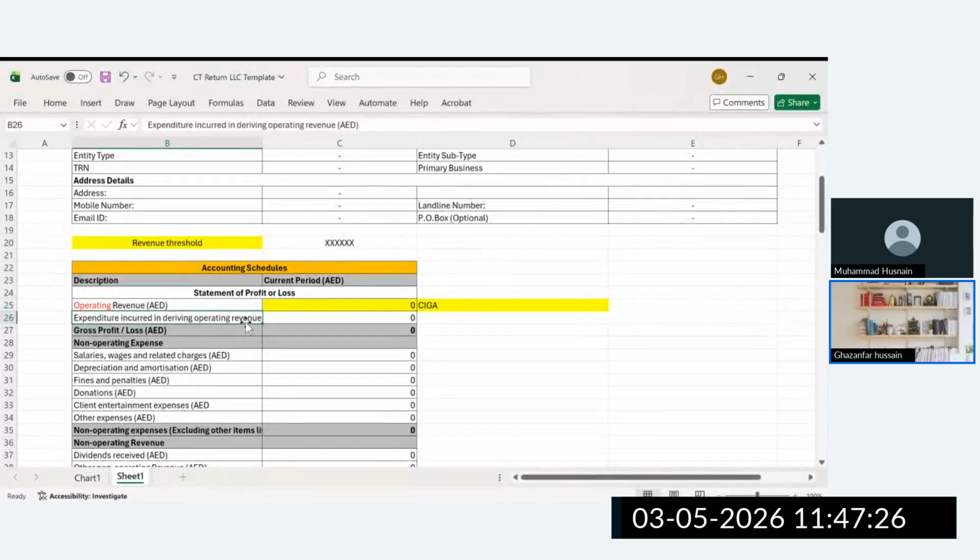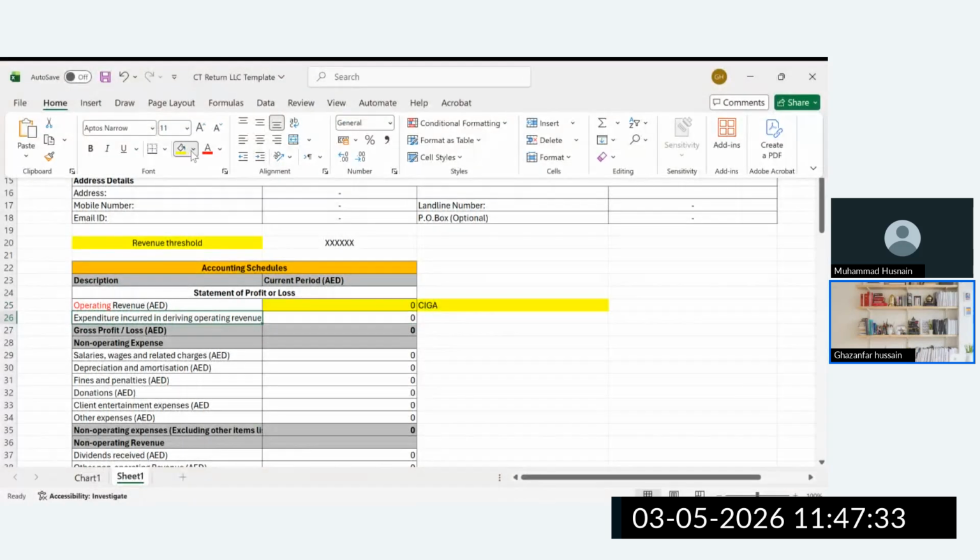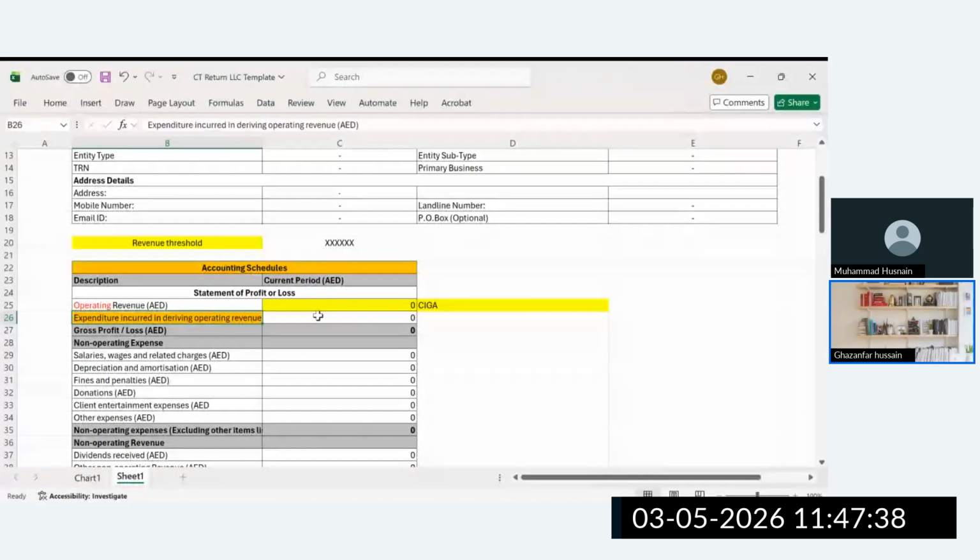So this is our next point: direct costs, expenditure incurred in operating revenue. Look into the financial statement and get this figure and add it over here.